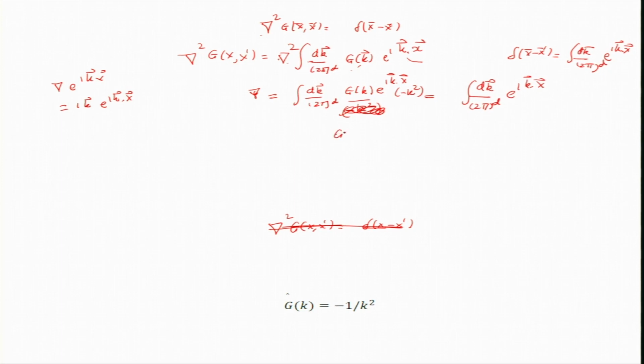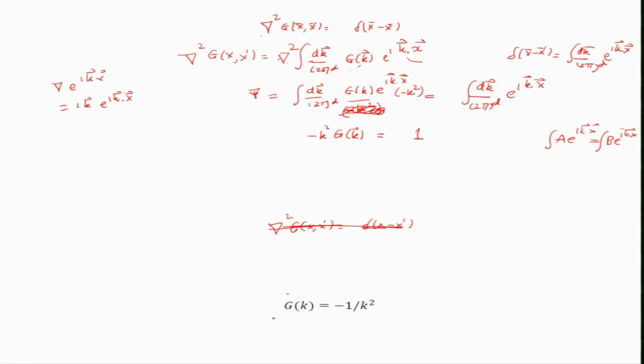So, that means g(k) times minus k squared is equal to 1. I am using the fact that if a e^(i k dot x) equals b e^(i k dot x), where a and b are functions of k, then a must be equal to b. That is because e^(i k x) forms a complete orthogonal basis, which is important.